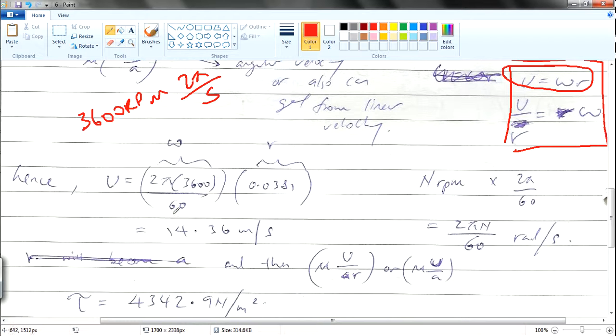If you do that, you will get this value over here, in meters per second. So remember, if you have an RPM, make sure you convert it by 2 pi divided by 60. This is the key thing you need to remember: 2 pi over 60.